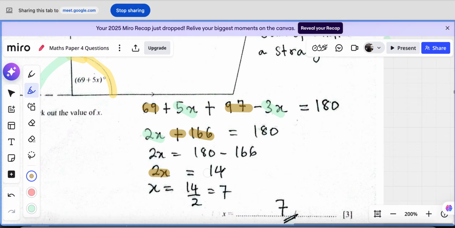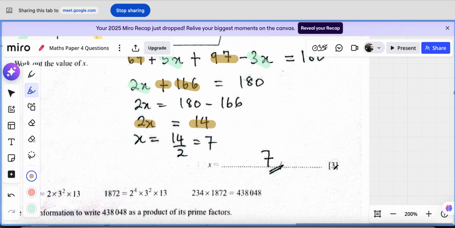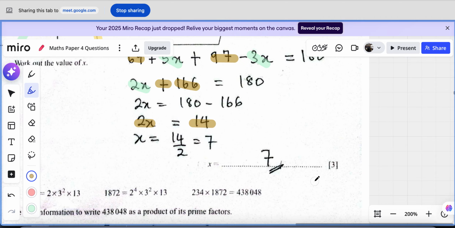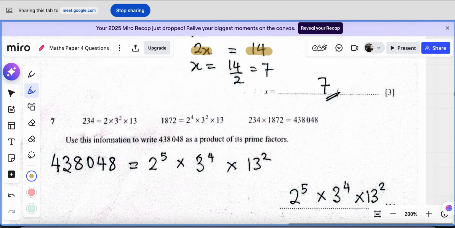Why? Because 2 and x is a multiplication, so to find x you have to divide, not subtract 2. Both sides by 2, you get 7. So x equals 7. You get 3 marks if you are able to do this.